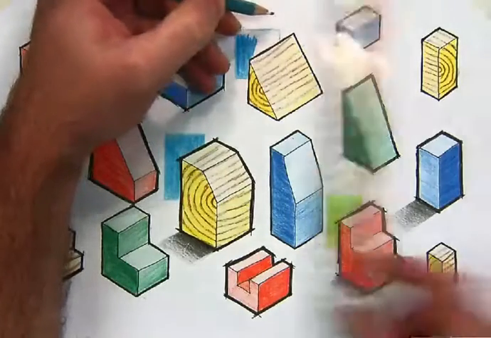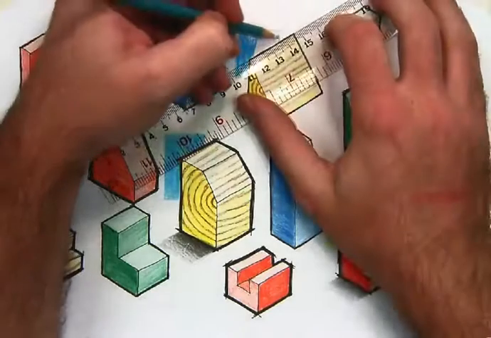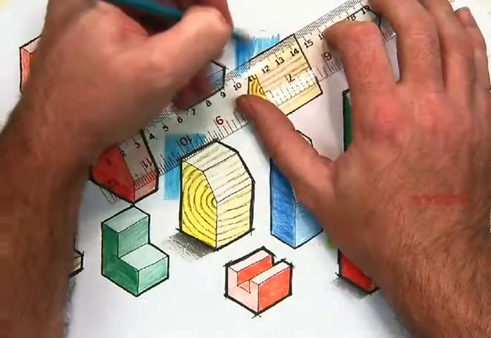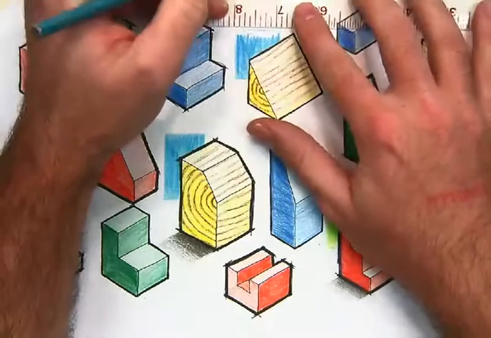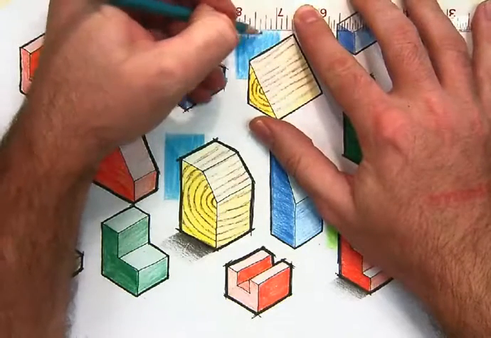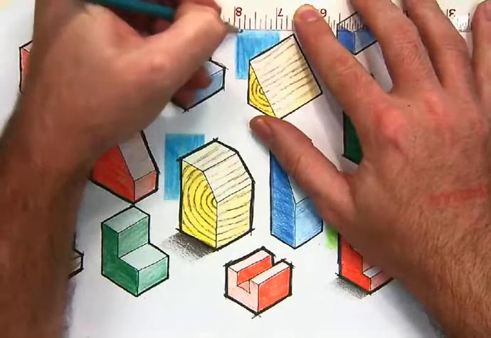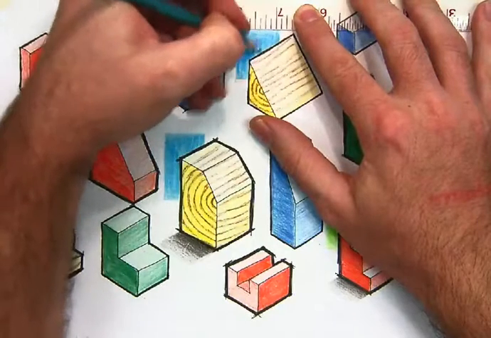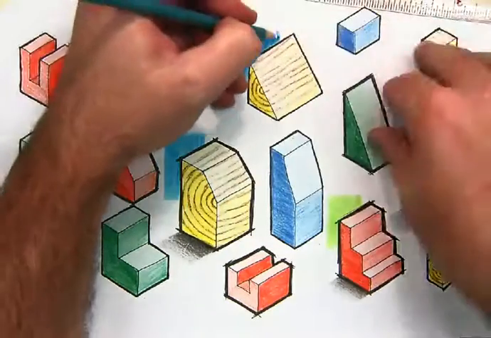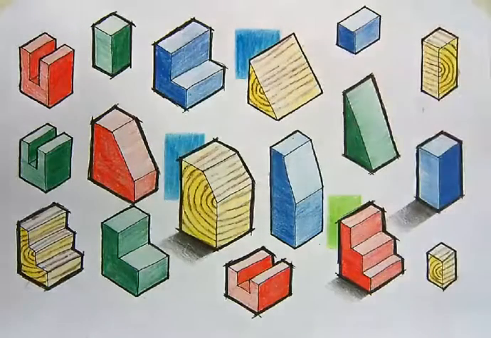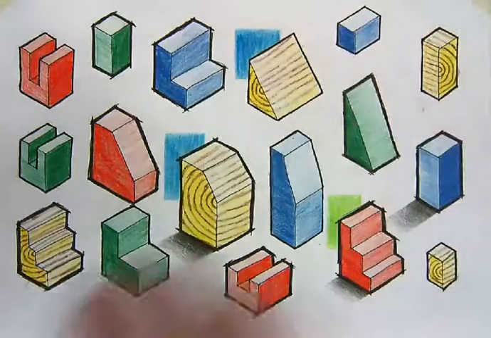I can use my ruler to protect my drawing if I want to, and we can also use the ruler against the top. There we go, nice even tone. Try and keep your pencil going in the same direction as much as possible. And there you go. Try that on other shapes.